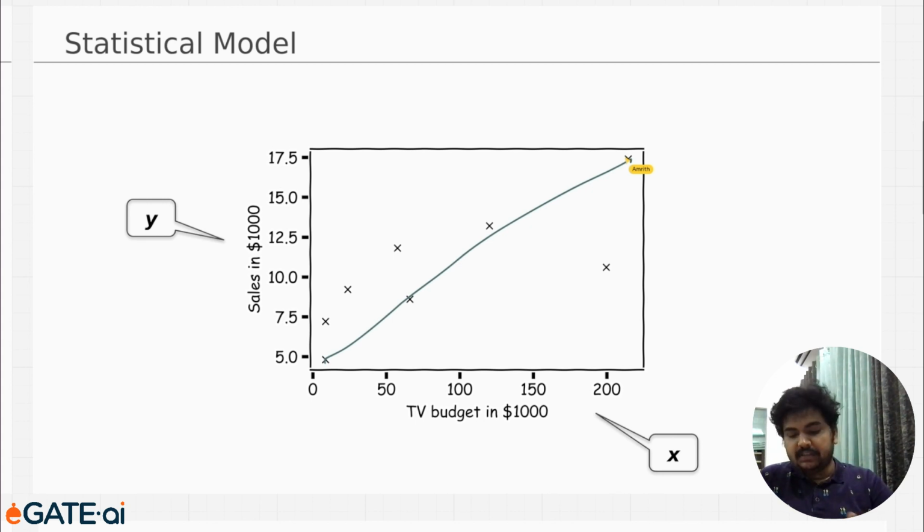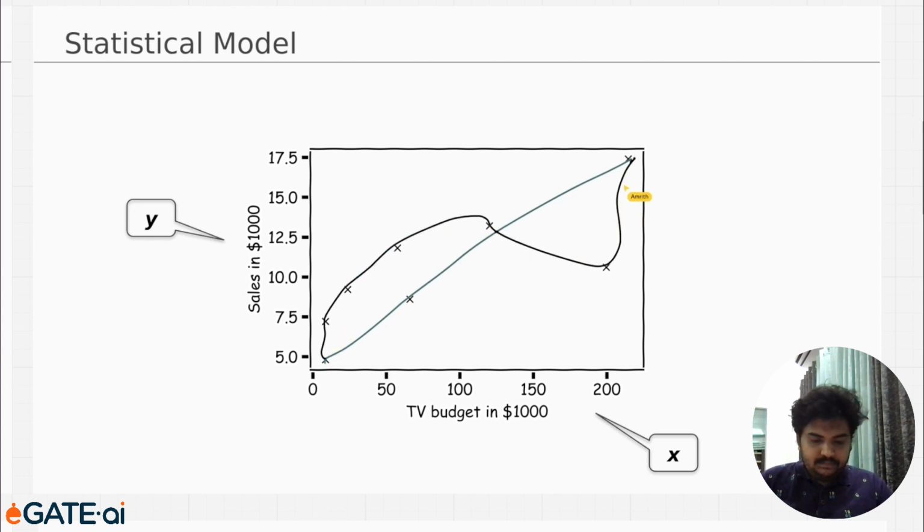And again, there is no compulsion that I have to draw a straight line. So maybe let me try something else. Okay, we still missed out on one.